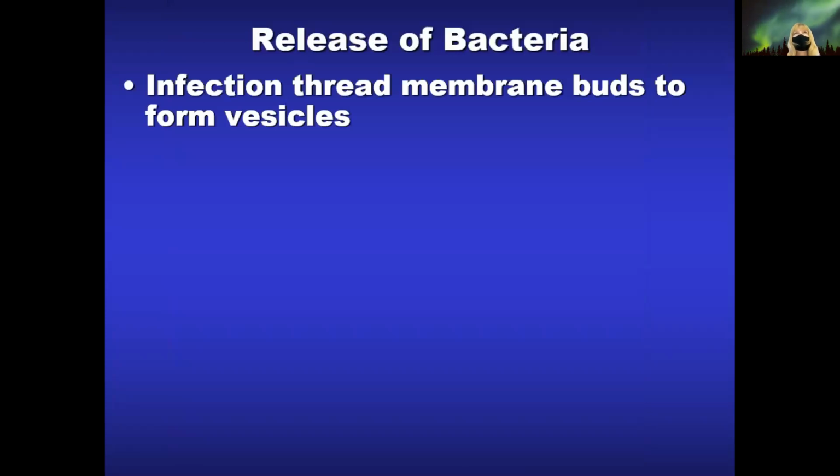They actually live in vesicles, so the cell membrane buds off to fully enclose the bacteria. So I imagine the bacteria floating around in a balloon, a vesicle, and that's what's floating in the cytoplasm, all right? It's kind of like they're on an inner tube, but they're fully enclosed, all right? They have this vesicle totally surrounding them, and that's what's in the cytoplasm.